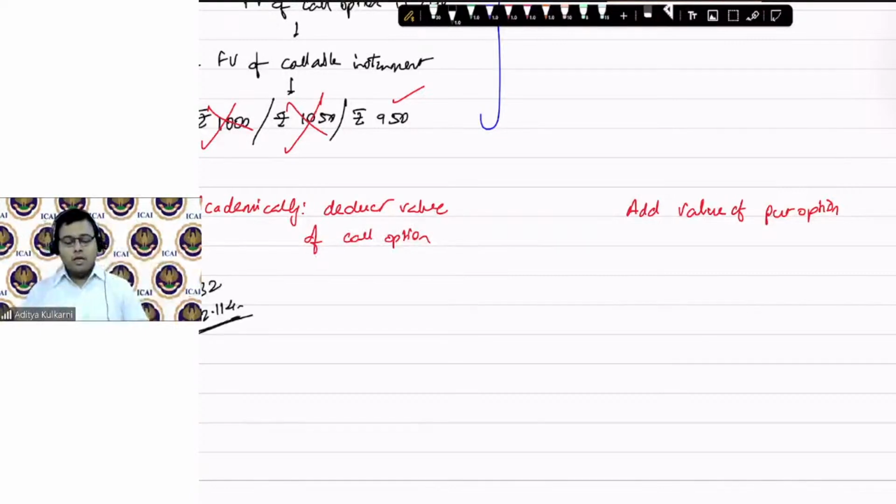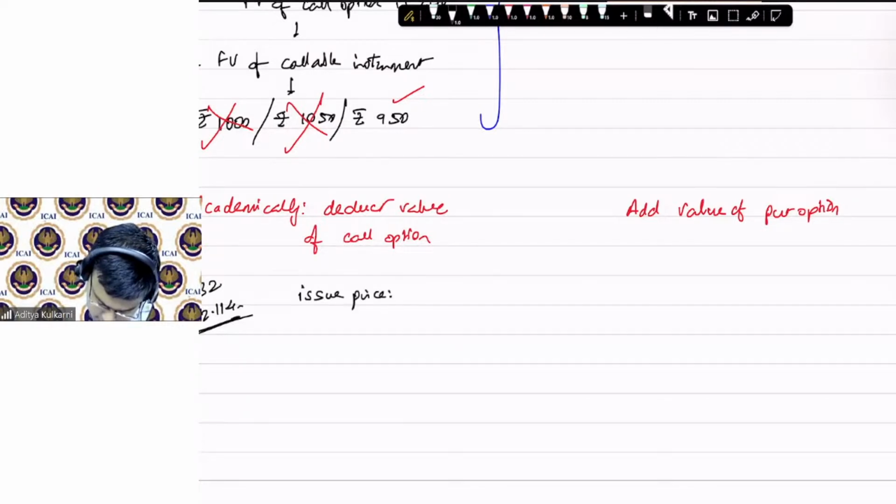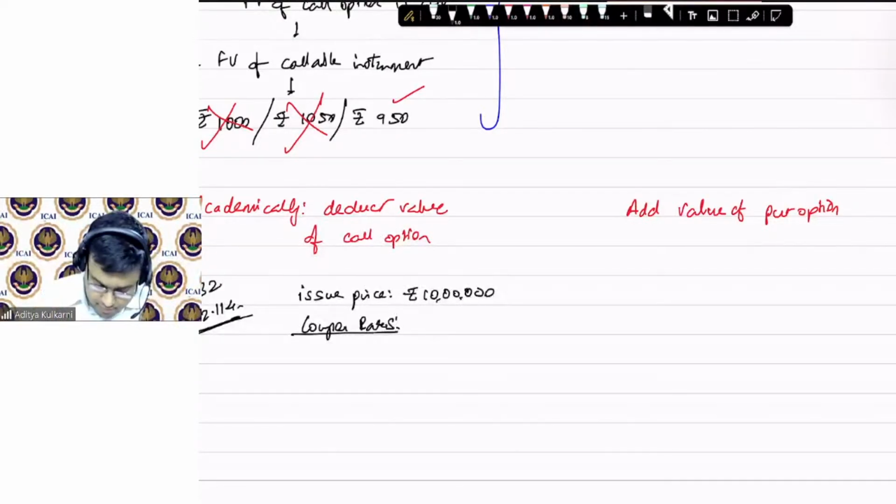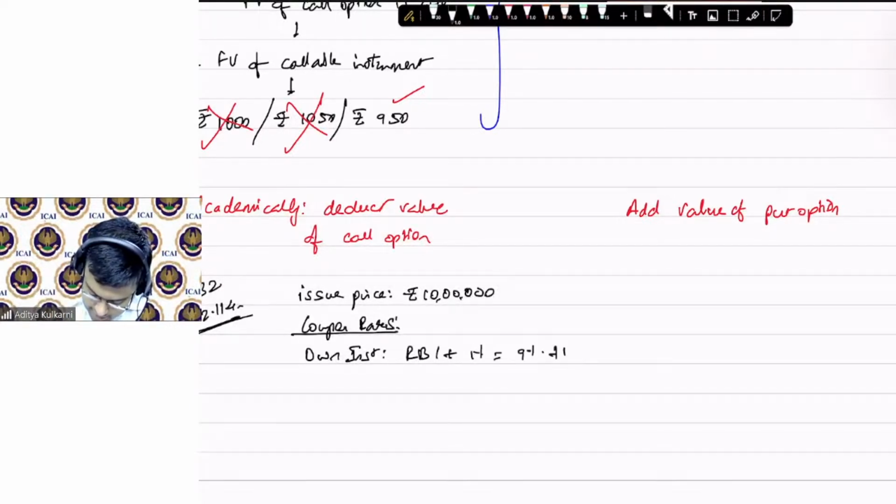Now if I have to do this: issue price is 10 lakhs. Coupon rate on our own instrument is RBI plus 1%, so that is 9% plus 1%, 10%.